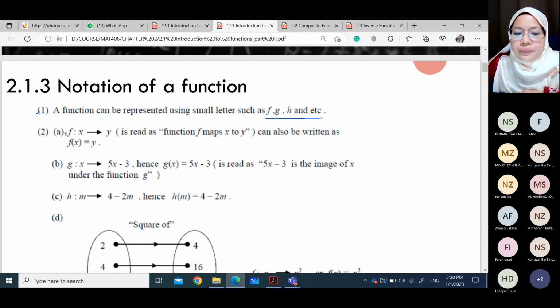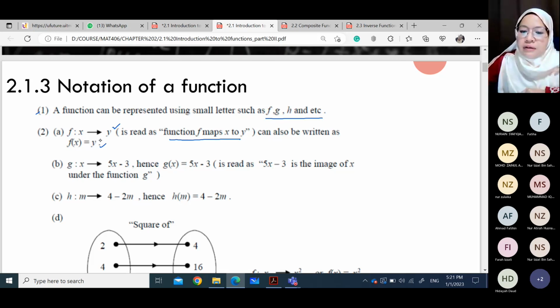Okay, so number 2A, F, X relation Y, ataupun it is read as function F maps X to Y. Function F, so the name of this function is F, function F maps X to Y. Maksudnya daripada X kepada Y. And it is also can be written as F of X equals to Y. Okay, so instead of this one, kita juga boleh tulis dia sebagai F of X equals to 1.